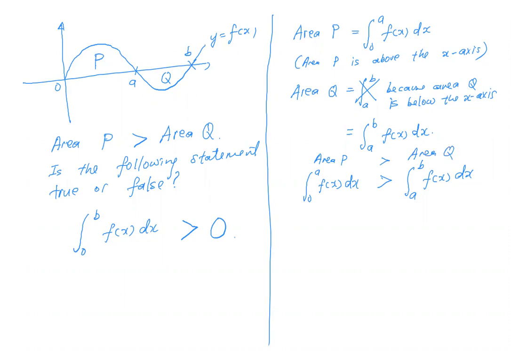Okay, now let me do the inequality. So now I put 0 to a f(x) dx, take away a to b f(x) dx is greater than 0. Am I right? Okay, so now let me do some modification.